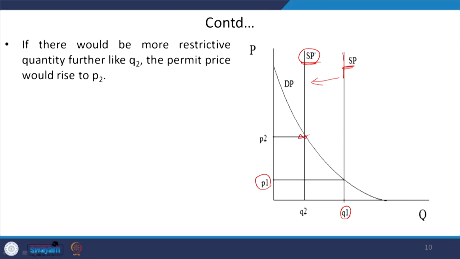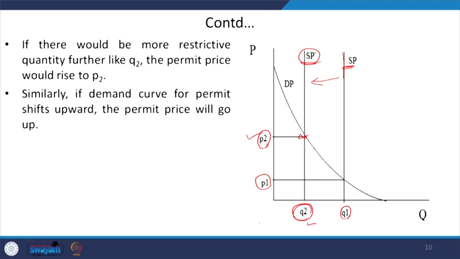So, at this point we are finding Q2, right, this is the quantity, and the price against this Q2 would be P2. So, the permit price would be P2 and the permitted quantity would be Q2, okay.